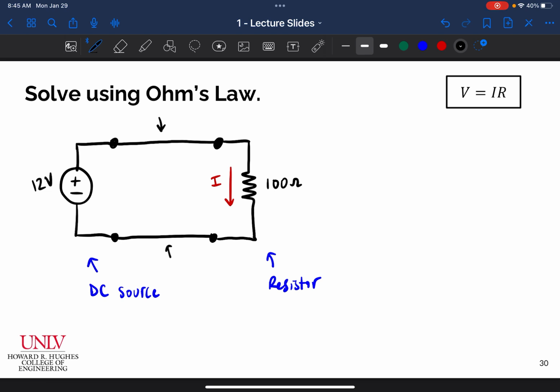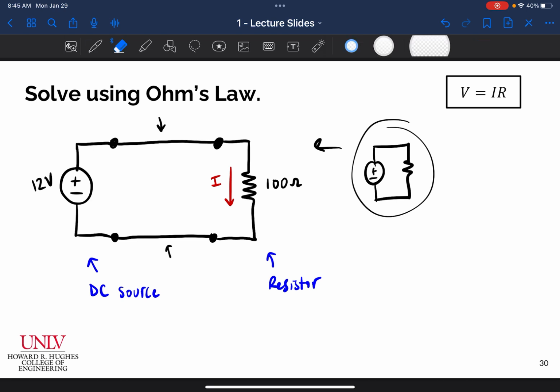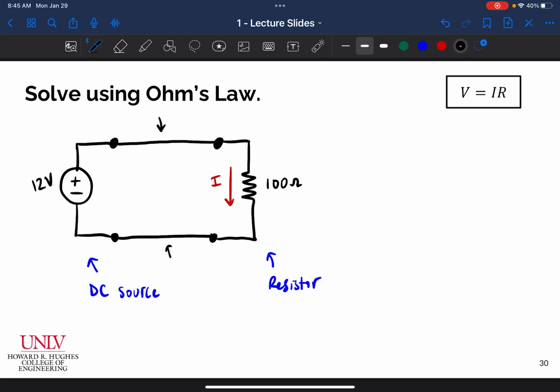I'm just going to draw a voltage source and then a resistor just like this, and you'll just know that this and this are basically the same exact circuit. I just haven't drawn them element-wise. I didn't take the time to distinguish between the connecting wires and the elements. I just draw it all at once.